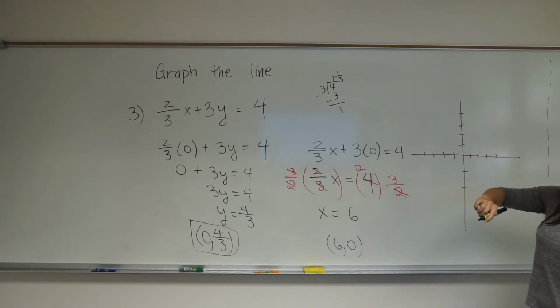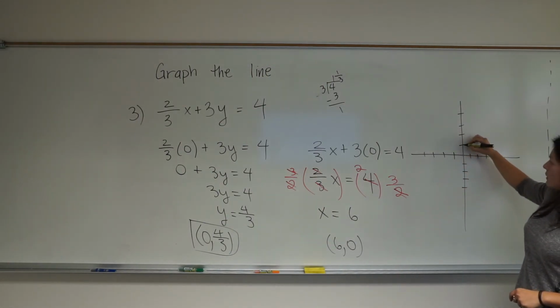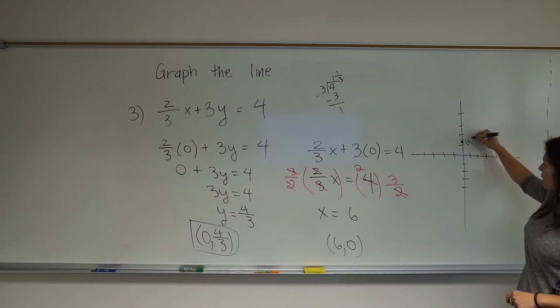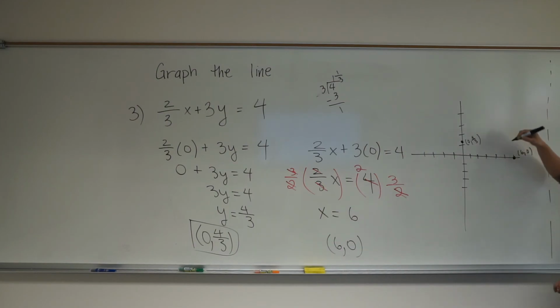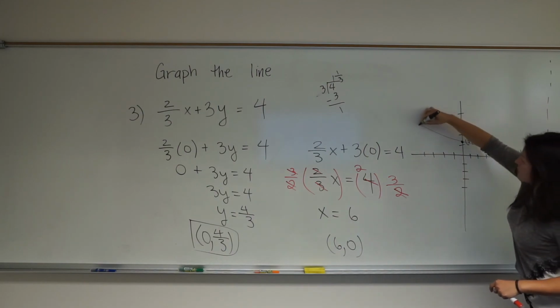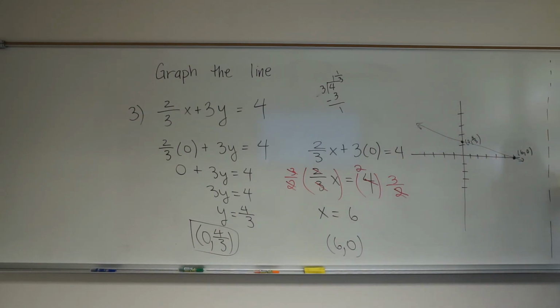Okay, 4/3 is equal to 1 1/3. So that's about here. So there's the point (0, 4/3). And now (6, 0): 1, 2, 3, 4, 5, 6. And now if I connect those two dots with a straight line, there's the graph that I'm looking for. Pretend it's straight.